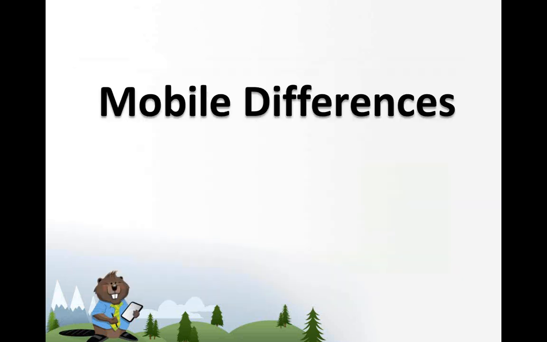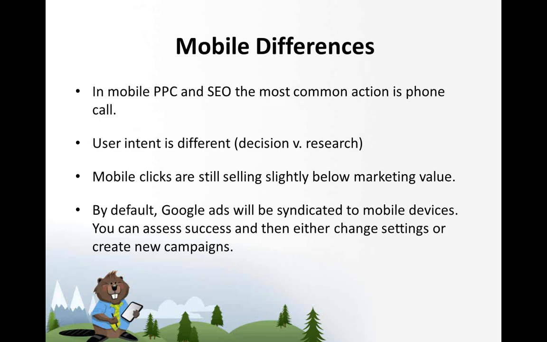So what are the differences with mobile? Then I want to get into a few ways to extract data. So bullet-pointed differences. In mobile PPC and SEO, the most common action is a phone call, period. The user intent is different, which means people are entering the funnel lower.